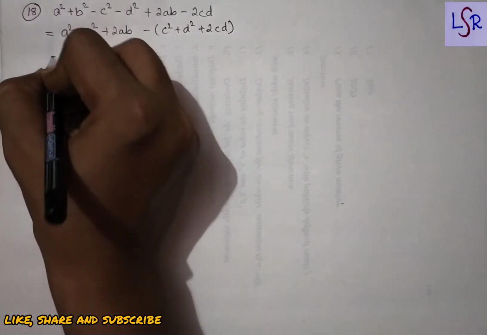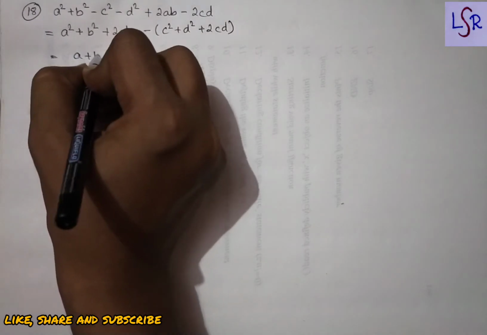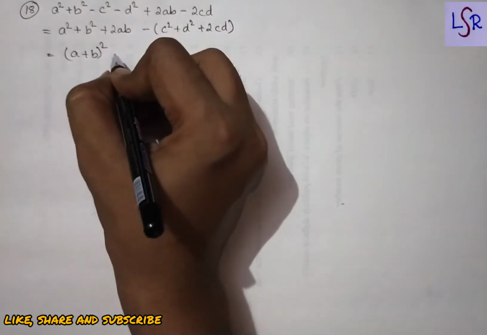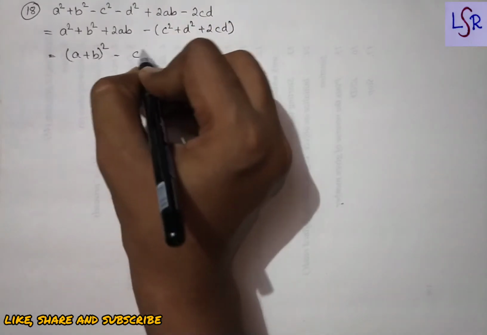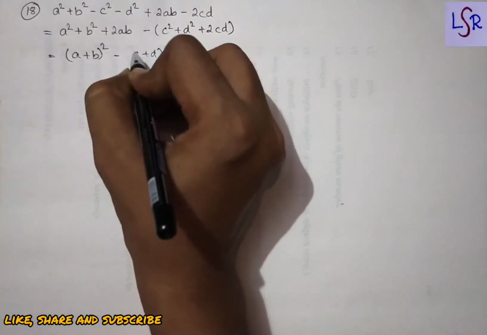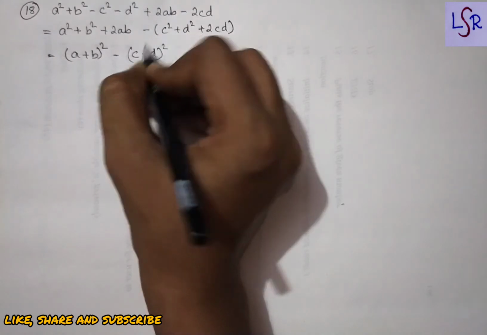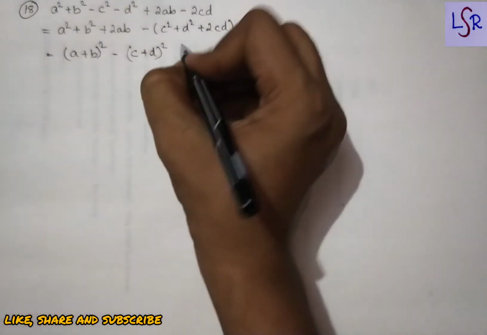Now this can be written as a plus b to the whole square, and here this can be written as c plus d to the whole square. Now they are in the form of a square minus b square, and it can be written as a plus b and a minus b. And now we have to open the bracket.